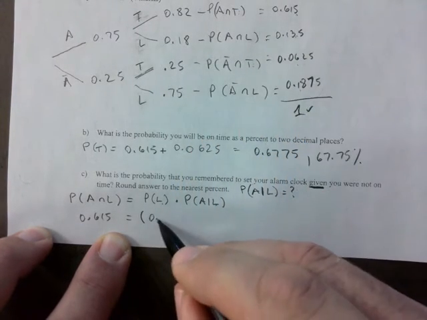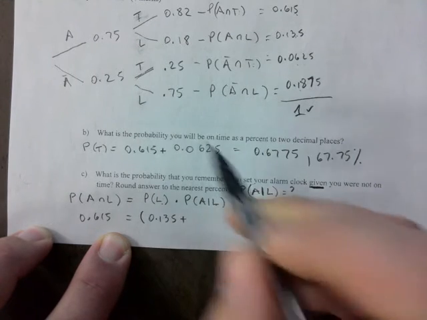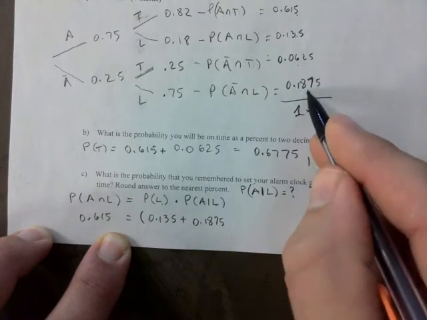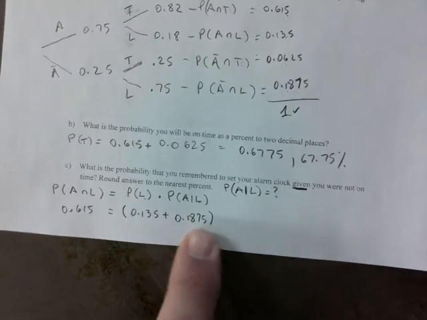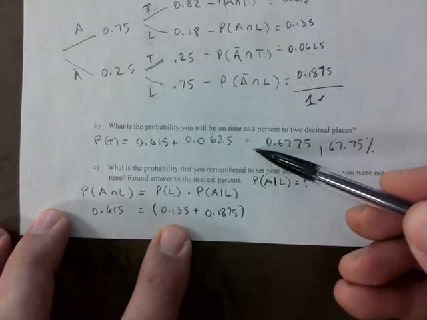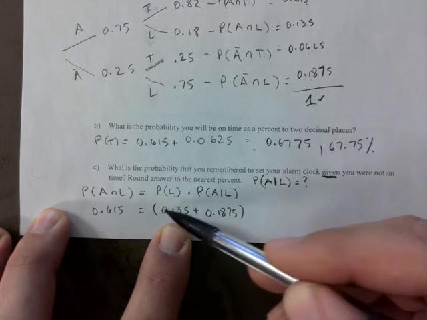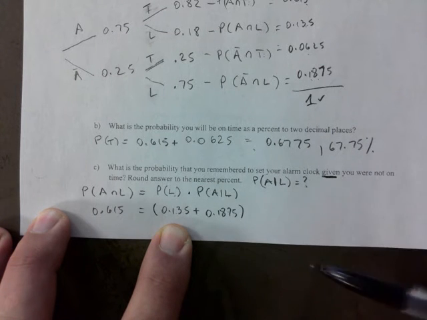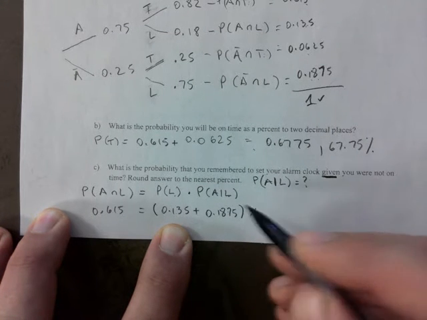There you're late, 0.135, and you're also late right there. This one right there. So I have to put that in brackets. I have to add it up. If we had done it here, then you just use that number, plug it in. But here we have to actually do that. We have to add up the probabilities of being late. And this I just call X, this part right here.